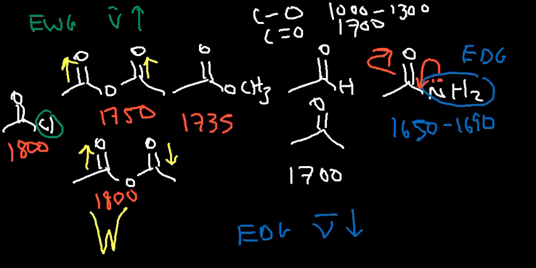So if you draw the resonance form of this carbonyl, notice that the C-O bond is now single rather than double. So that resonance loses double bond character, so the signal drops from 1700 to a lower value like 1650. So anytime you add an electron donating group, it goes down. But when you add an electron withdrawing group, like chlorine, which pulls electron density away from the carbonyl group, the wave number actually goes up.